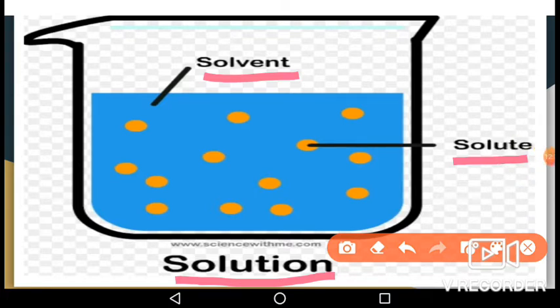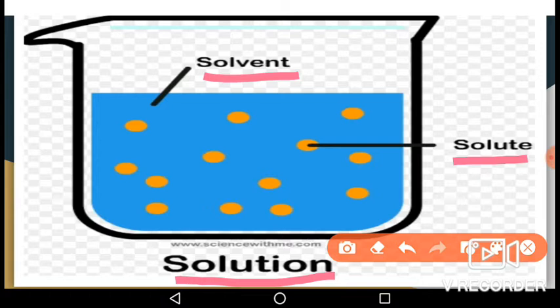Solute and solvent are the parts of the solution, where the dissolved matter in any solution or mixture is called the solute, while the liquid or gas that dissolves another liquid, solid or gas is called the solvent. A solution can be defined as the mixture of two or more substances.